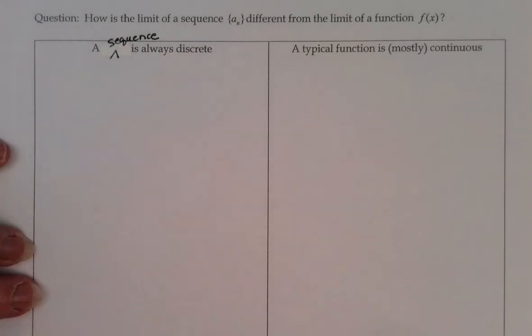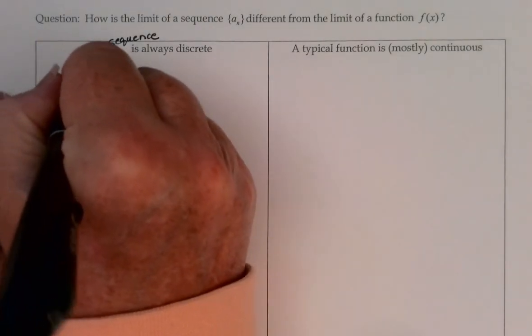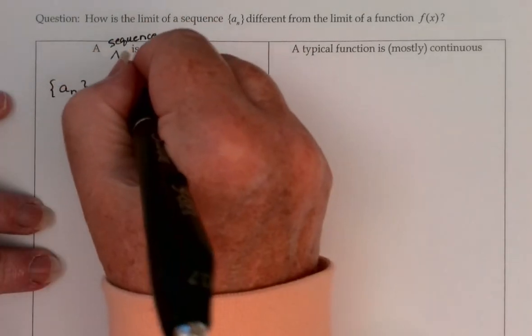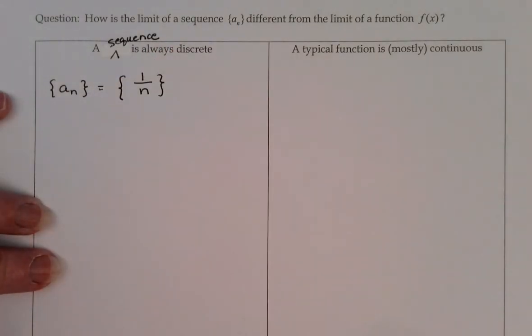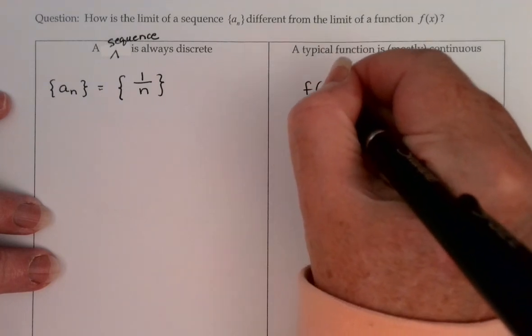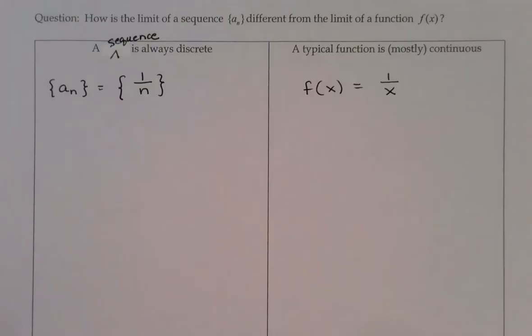Right? Let's take a look at a sequence and a related function. I'm going to look at the sequence, a sub n, in which the terms are all defined as 1 over n. And then I'm going to look at the function, f of x equals 1 over x. Okay.